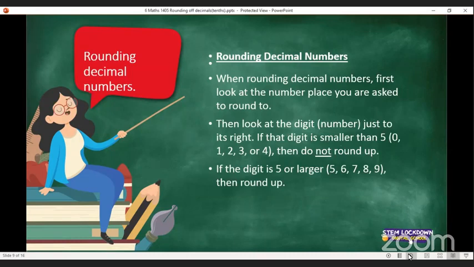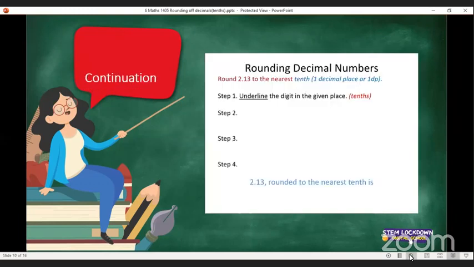If that digit is smaller than 5, then you are not going to round up. If the number is 5 and above, like 5, 6, 7, 8, and 9, then you will be able to round up.